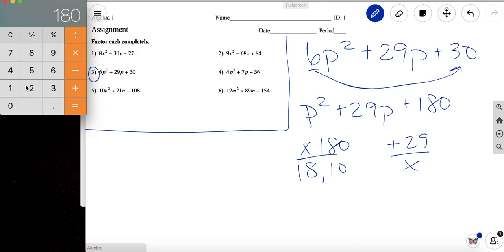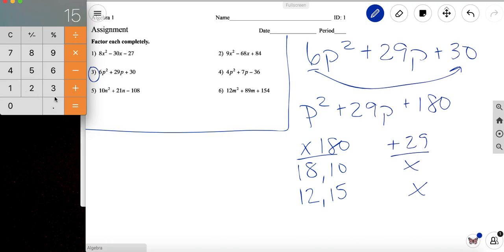180 divided by, let's try 12. 12 and 15. Does that add to get me 29? No. Close. Divided by 14. Nope. So you notice what I am doing, and what you should be doing, is just trying it. Try different problems.